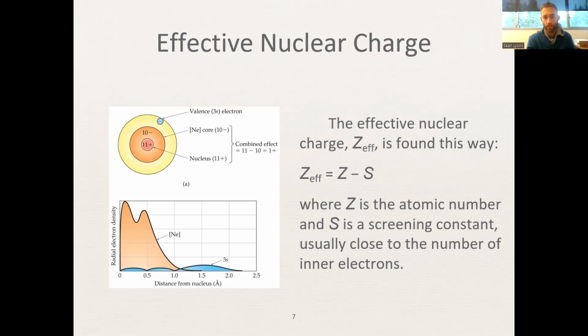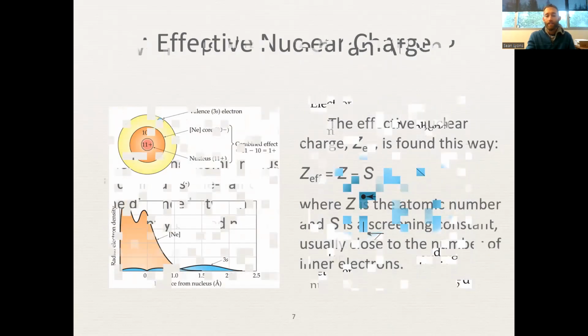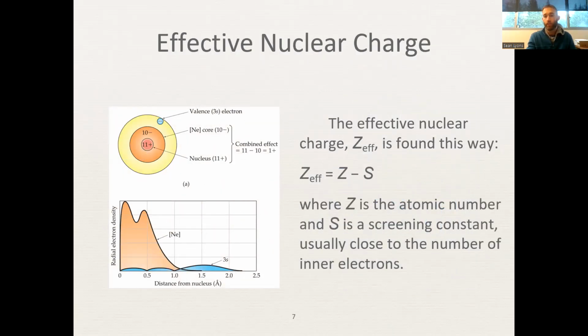So again, with something like sodium here, the reason we have 10 is because the valence shell only has that single electron, so all of the other 10 are going to be considered the core electrons there. And as this effective nuclear charge increases, that just means we're going to have a stronger attraction between the nucleus and those outermost electrons.